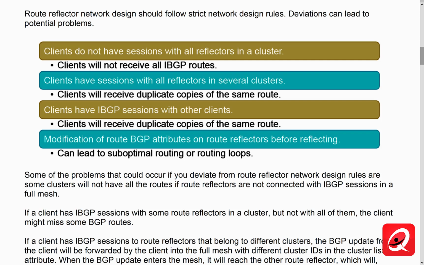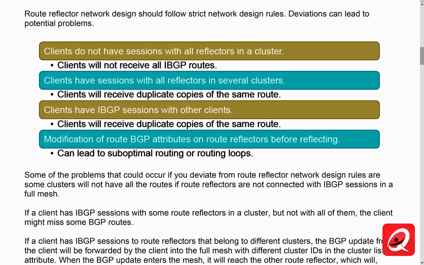Clients have iBGP sessions with other clients. So these would be kind of like non-route reflector clients that we have iBGP sessions with. It's possible that another iBGP peer has a relationship with a route reflector. So it's receiving a copy of information, and I'm receiving the same copy of information from another route reflector, or maybe an eBGP peer in this case it would have to be.